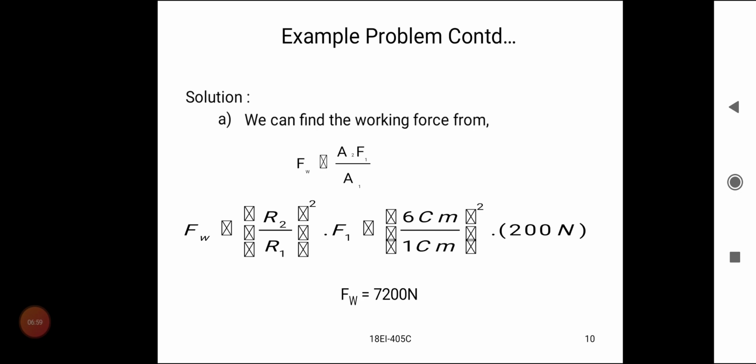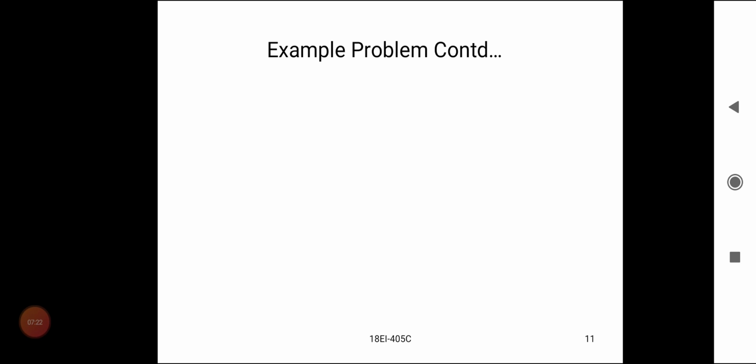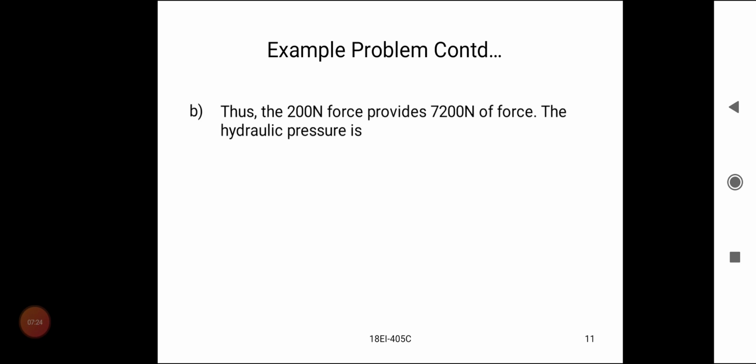Here we applied a force of 200 newtons on the forcing piston of area A1, and that generated a working force of 7200 newtons. Thus, a 200 newton force provides 7200 newtons.